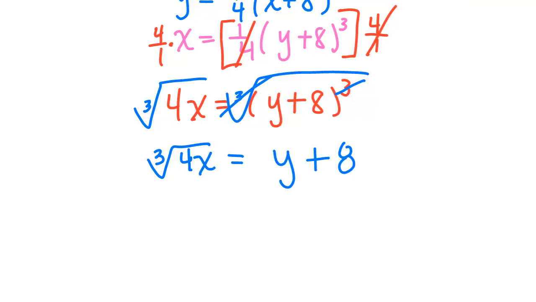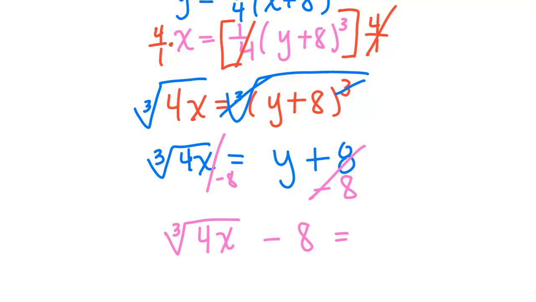So now I gotta get the y by itself by getting rid of this plus 8. So what's the inverse of adding 8? Subtracting 8 to each side, but again, that goes on the outside of the radical. So this is going to be the cube root of 4x minus 8 on the outside equals y.